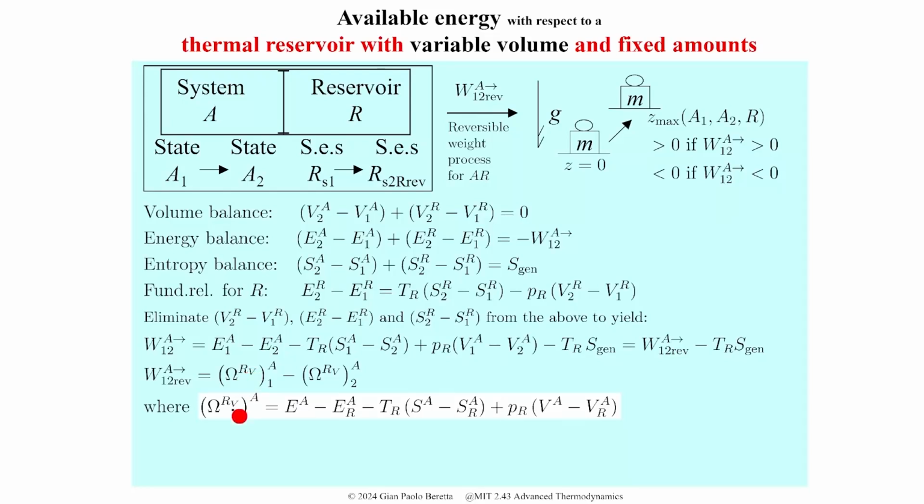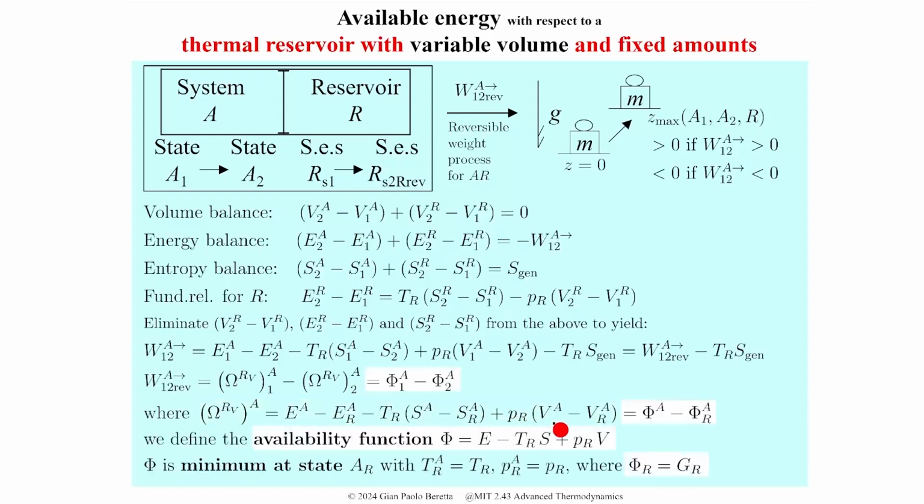You could consider this as a definition of another property that we still call, for short of names, available energy with respect to that particular reservoir at variable volume. It's like the one before, plus this additional P times delta V. And also this one, as you notice, may be written as a difference in an availability function, E minus TRS plus PRV, which we're going to call just with the name capital Phi.